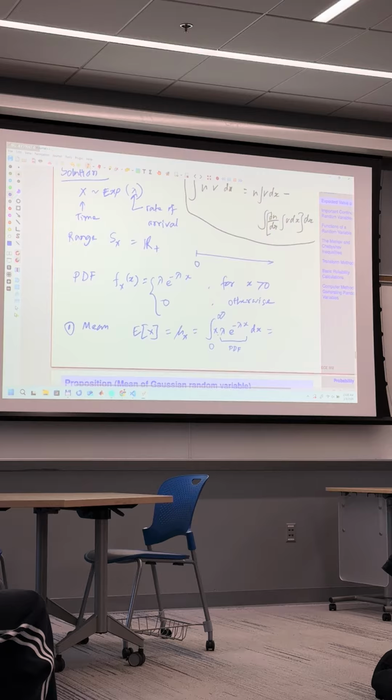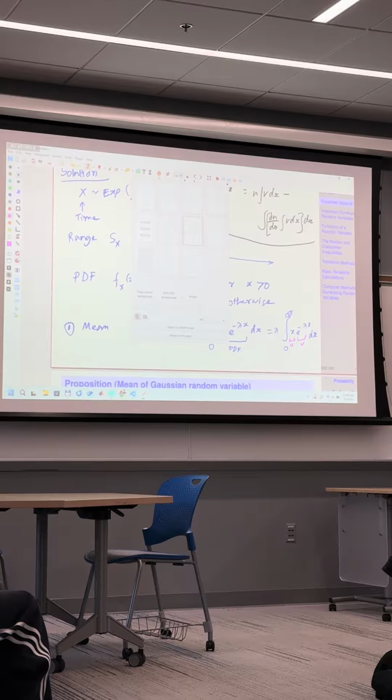Now you bring this lambda out of the integration, and you are left with the integration from 0 to infinity of x e to the negative lambda x dx. Make this one u, and this one v. Now you directly apply integration by parts. Make x u and e to the negative lambda x your v, with the integration limits.